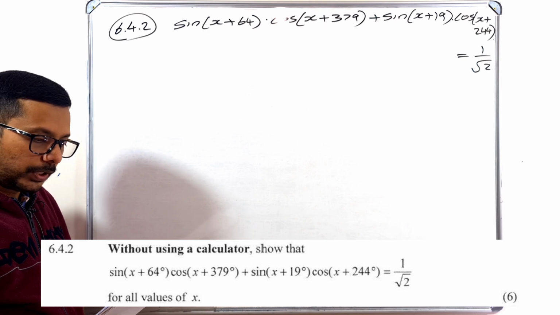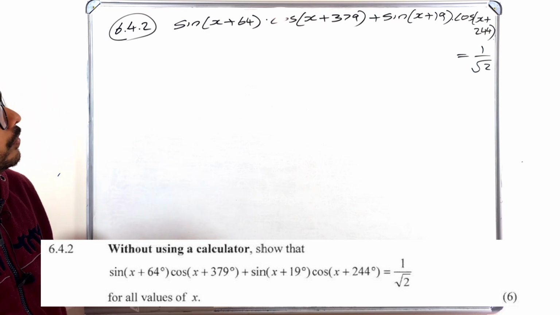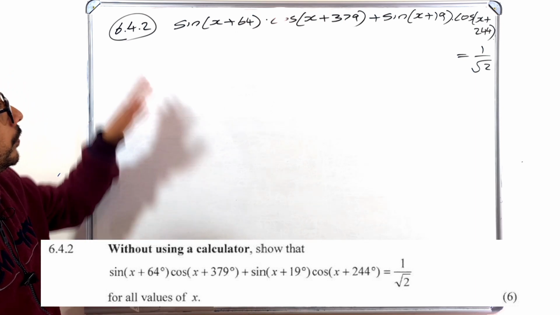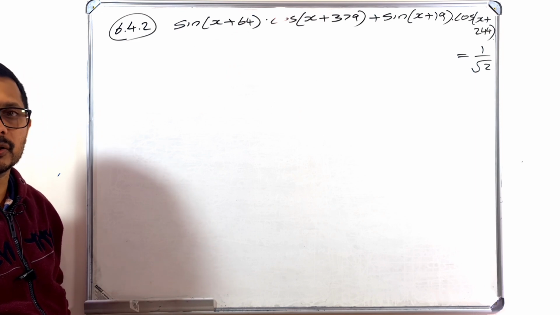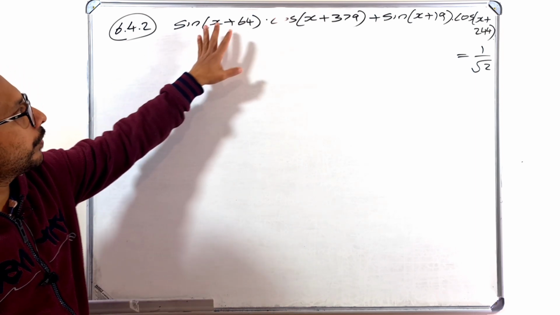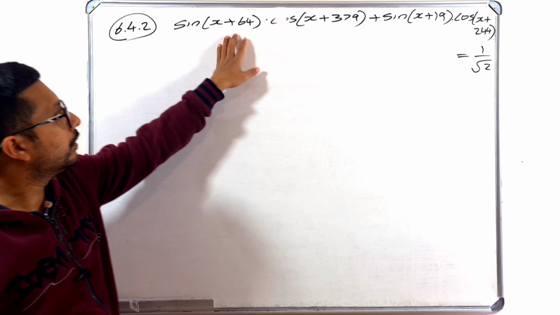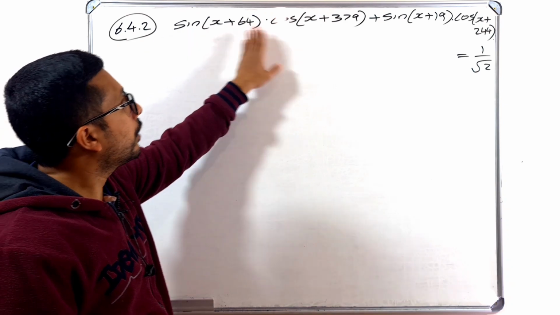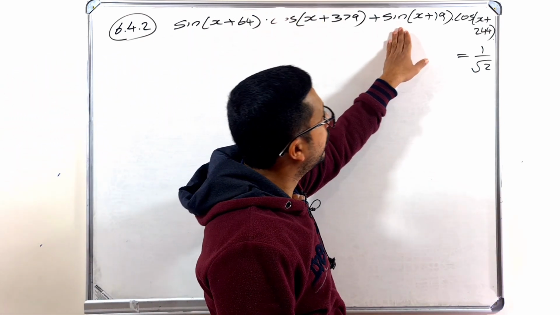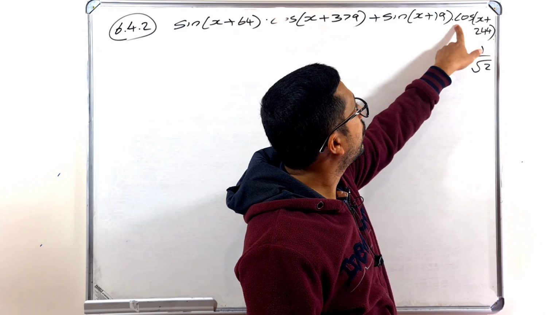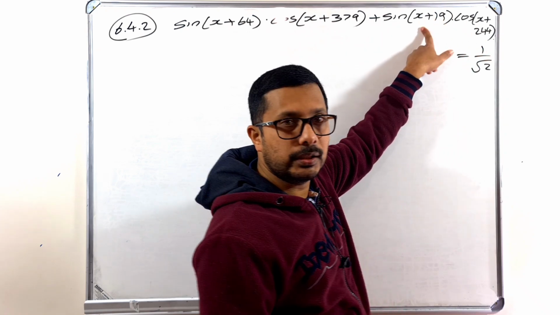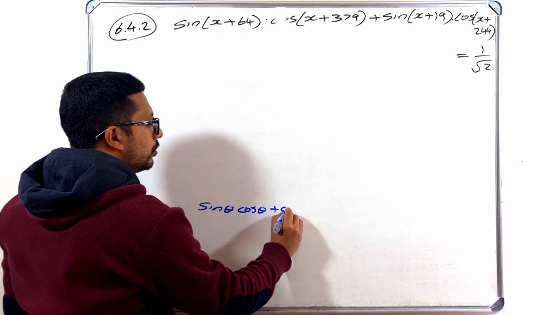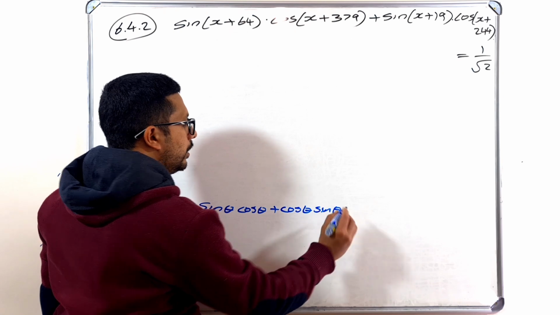So how can you prove this one? When you have a lengthy left hand side, look at this one. Sine of an angle, let's say theta just for me to understand: sine theta cos theta plus cos theta sine theta.